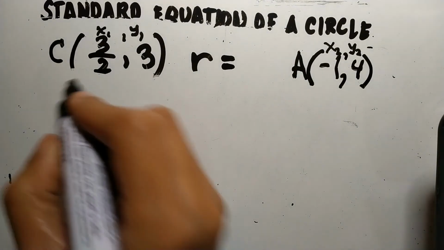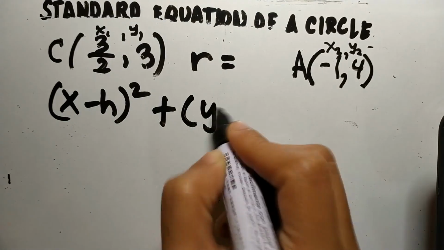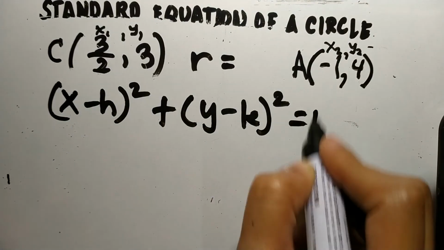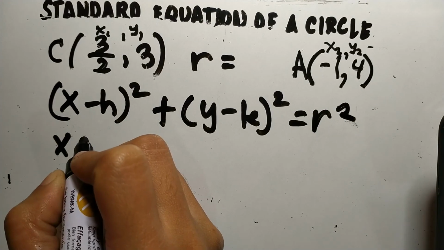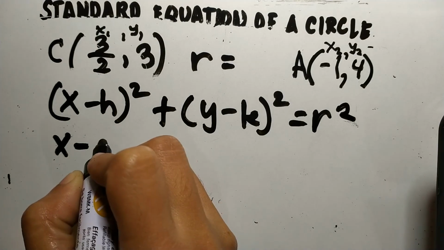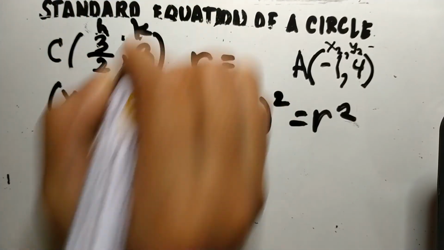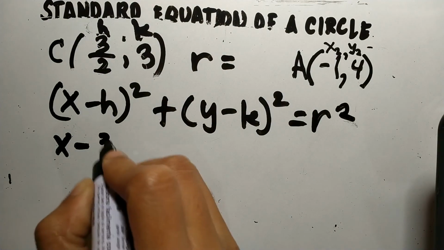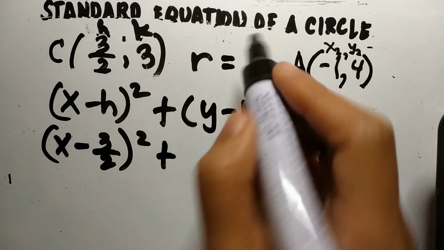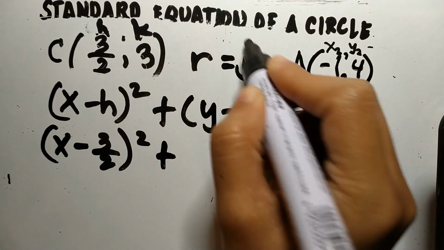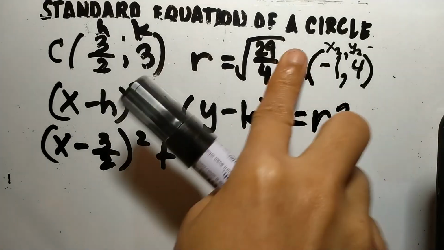So, since it's not at the origin, x minus h. Yan. So, C, x minus, what is h? This becomes h, this becomes k. 3/2 plus, ang ating r natin is square root of 29/4.